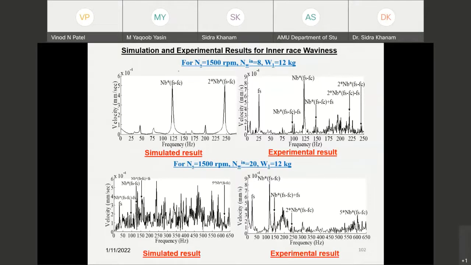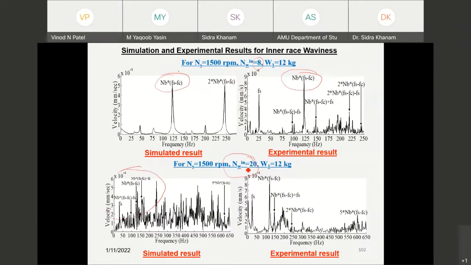And when the number of waviness is the same as the number of balls, almost the same kind of things are available for the inner race. And if the waviness order is increasing, complicated vibrations or frequencies are available.